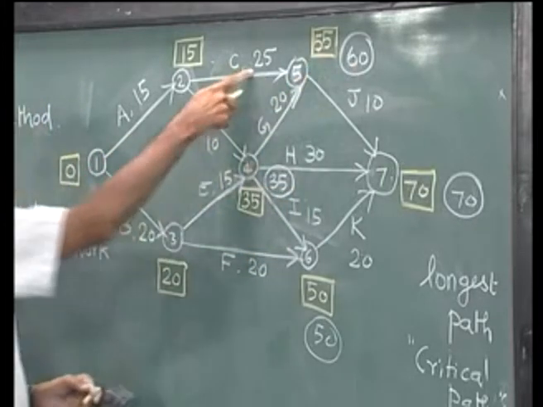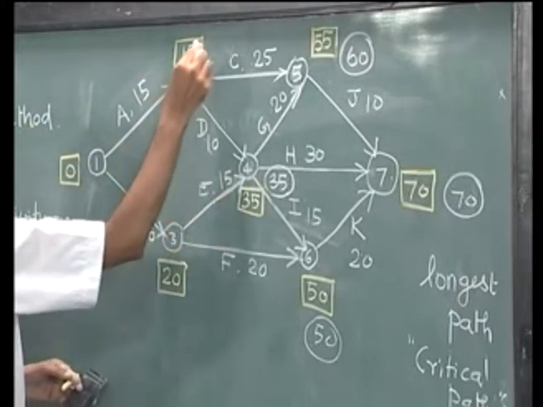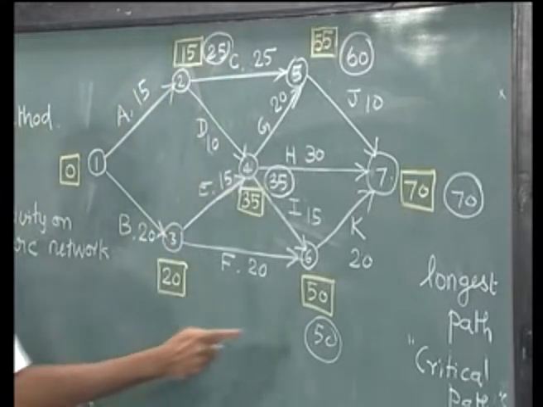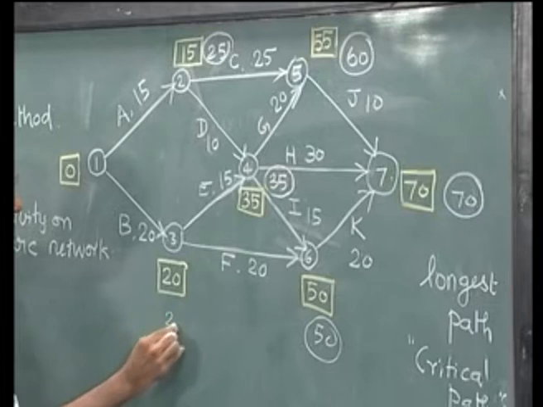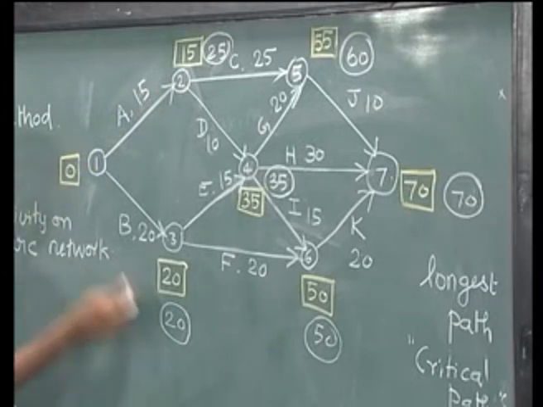This is 60 minus 25, which is 35, 35 minus 10, we get 25. This is 50 minus 20, 30, 35 minus 15 is 20. Here we get 25 minus 15 is 10, 20 minus 20 is 0.